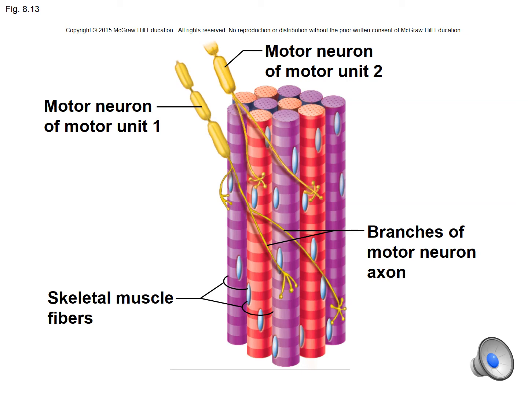So once again, if we had to pick up a feather, maybe our body would just send the signal down motor unit 1, and we would just use those purple fibers. But if we had to pick up something heavier, like a shopping bag, then our body would send the signal down motor unit 1 and motor unit 2, so that we're getting twice as many muscle fibers involved. We are recruiting twice as many muscle fibers.